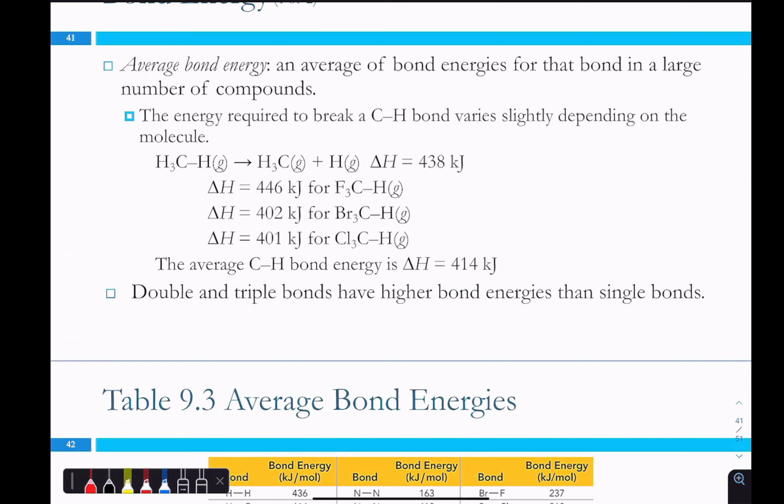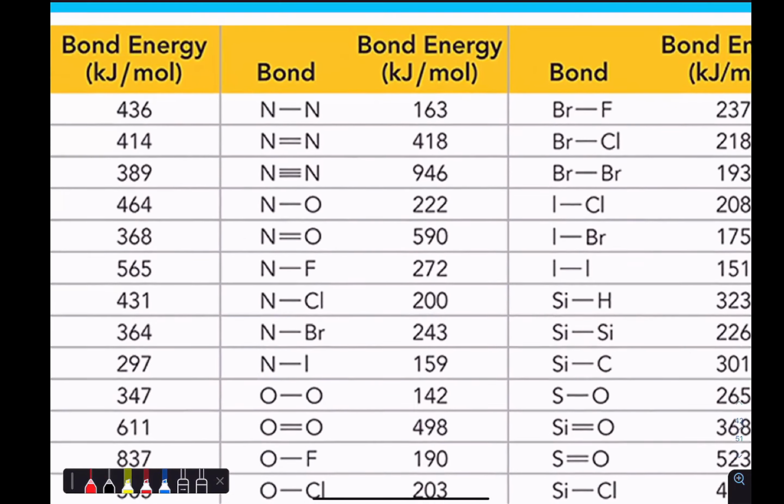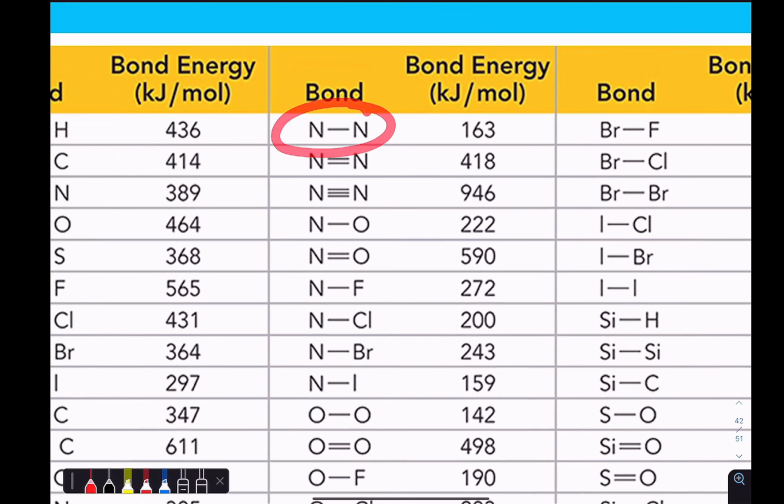Each of those will take more energy to break. So you can look at a series here. A nitrogen single bond is going to take 163 kilojoules. If it's a double bond, it's 418. And the nitrogen-nitrogen triple bond is super stable, taking 946 kilojoules to break on average.